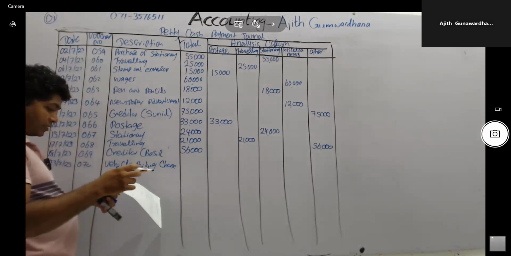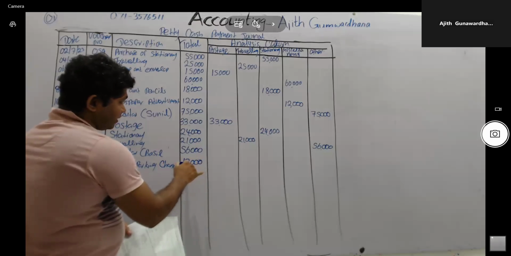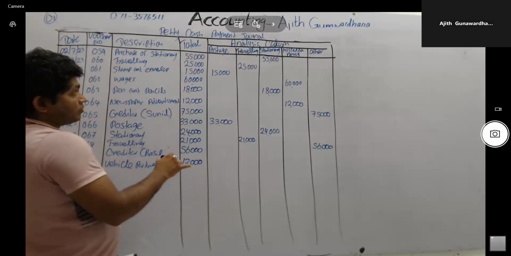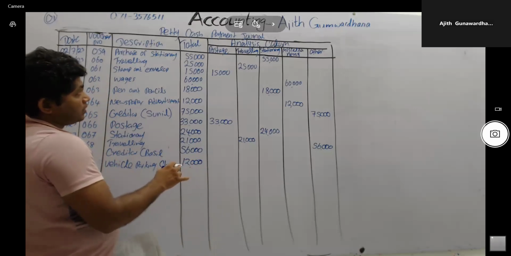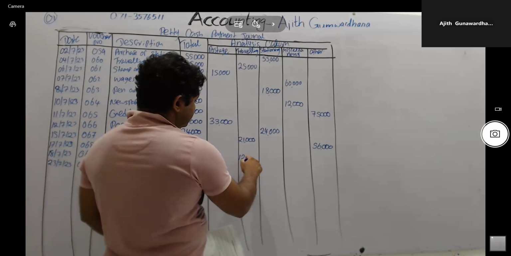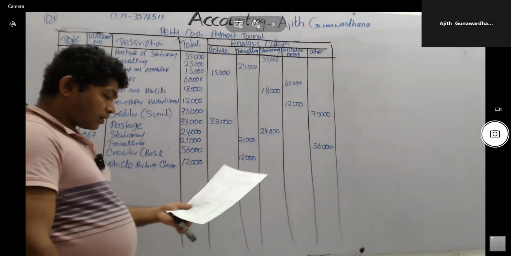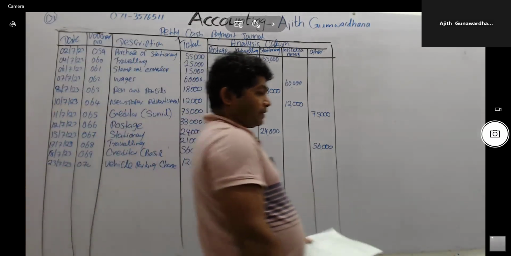Think small amount of expense, 12,000. Vehicle parking charges should be recorded. Traveling, a separate column is available, related to traveling. Like that, all the small amounts of expense.